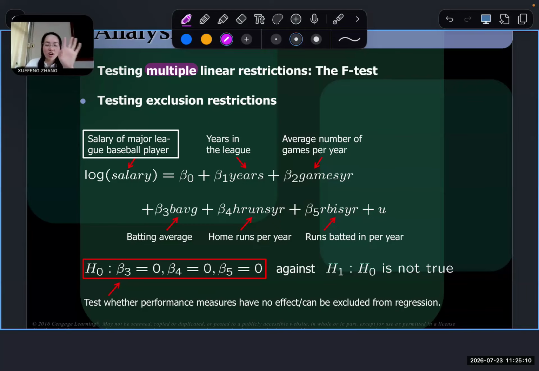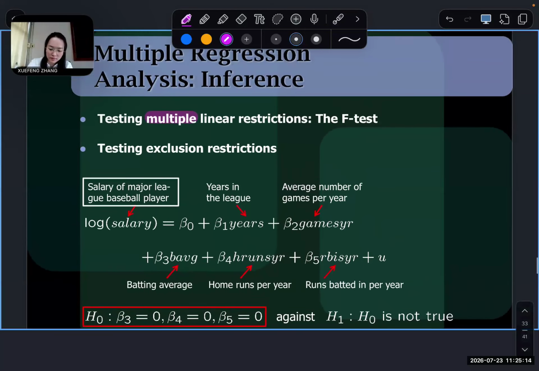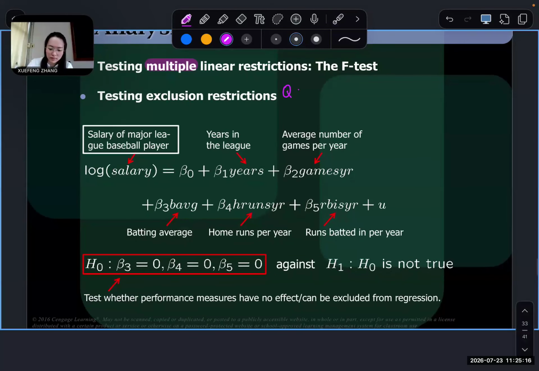Remember, start with your question. This is the question that we want to know.